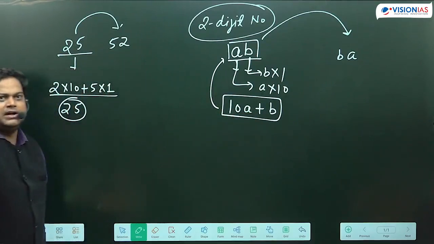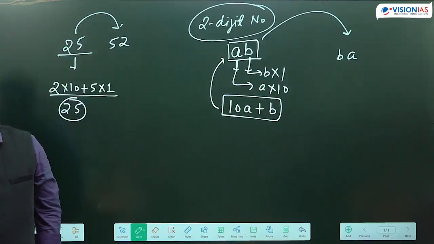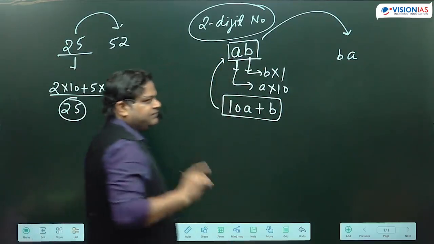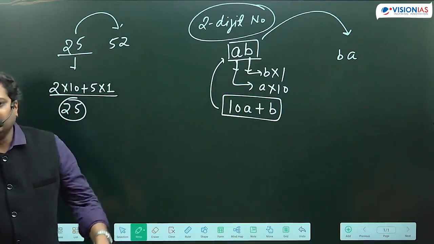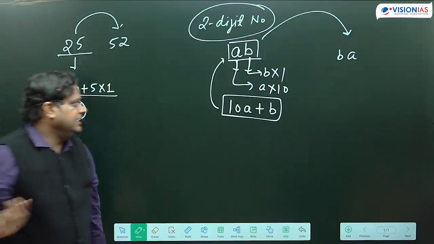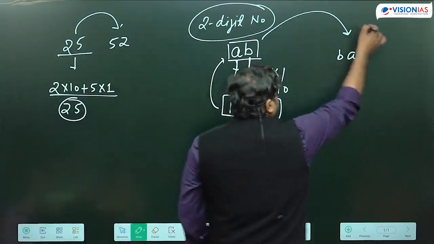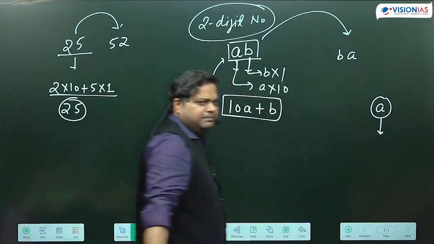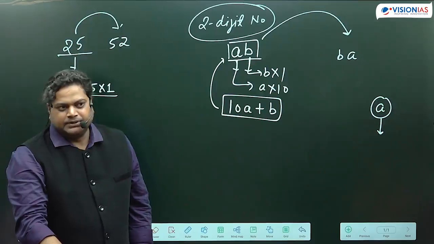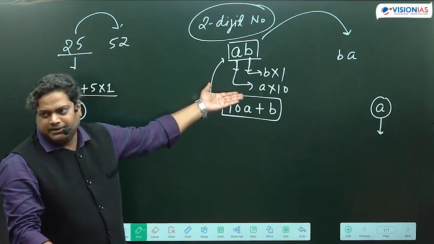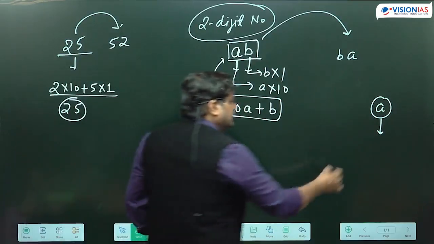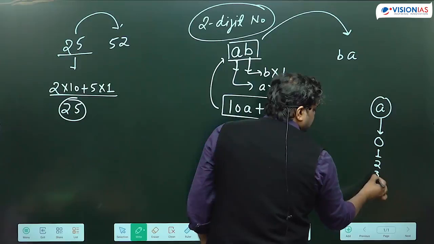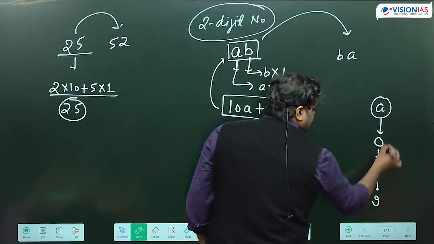और A और B की वैल्यू वी डोंट नो. A and B are single digits. If A and B are single digits, if I ask what values they can take, A, B, they are single digits. तो डेसिमल सिस्टम ही पढ़ रहे हैं हम लोग यहाँ पे. Digits can take value 0, 1, 2, 3 till 9 only.